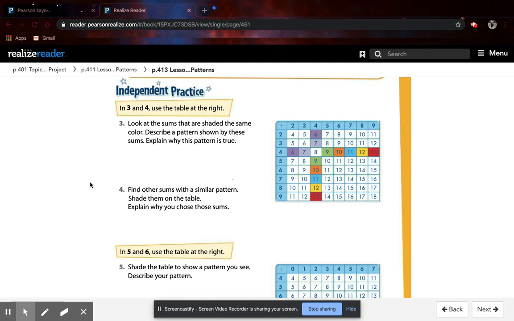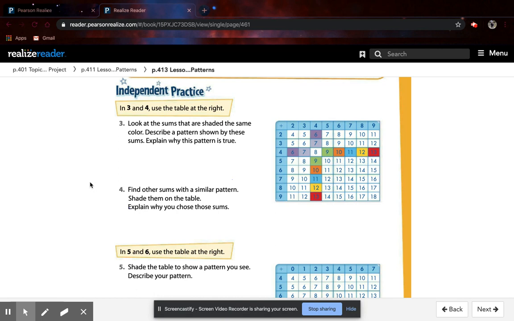So for number 3, it says to look at the sums that are shaded the same color. Describe a pattern shown by these sums. Explain why this pattern is true. So if I were to look at the dark purple sums, they're both 6. So the pattern that I see is that the sums of the same color are the same sum. They're the same number. Why?